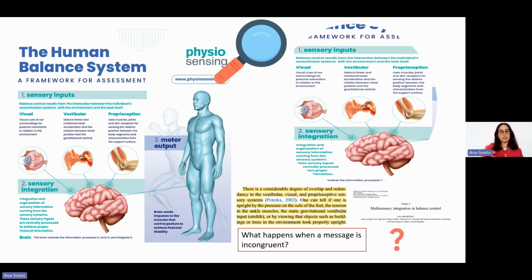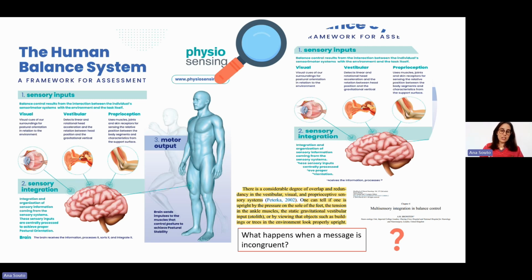And then we have the somatosensory system that allows us to have proprioceptive input, which allows us to perceive joint position and movement, the relationship between the different body segments, and the characteristics of the base of support itself. So this information needs to get to the central nervous system and is integrated and organized centrally.